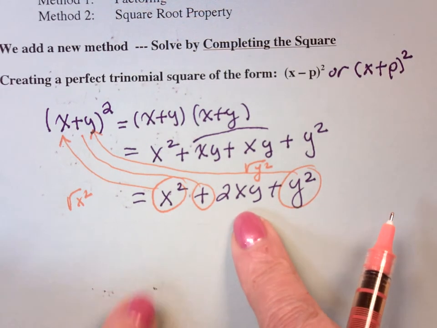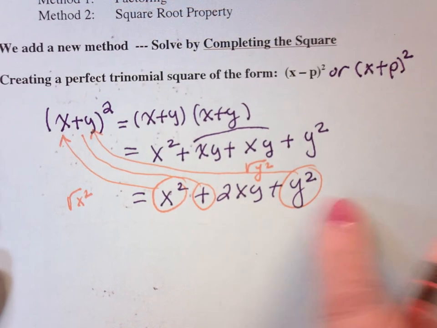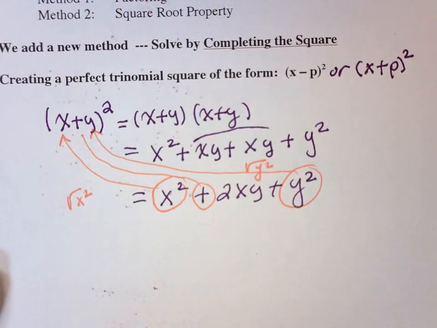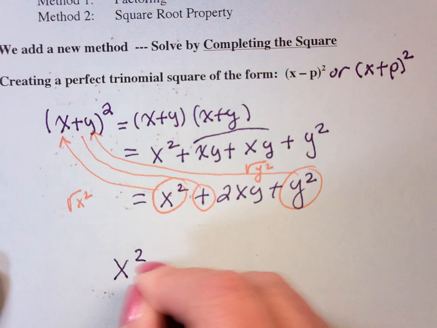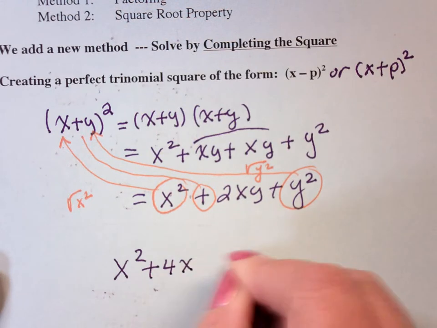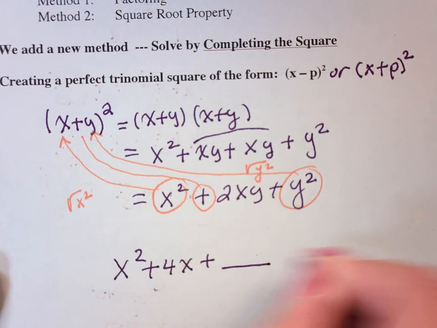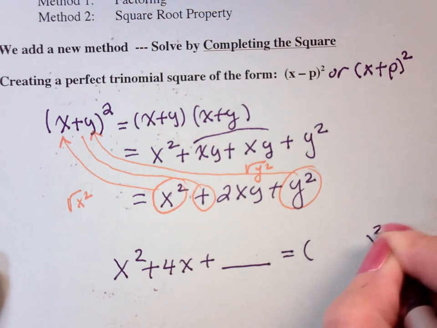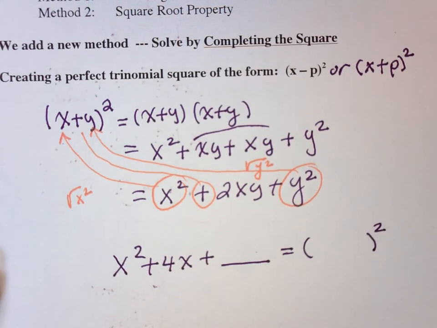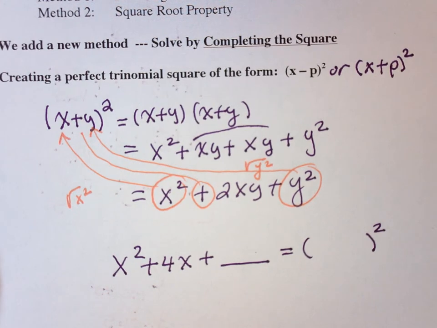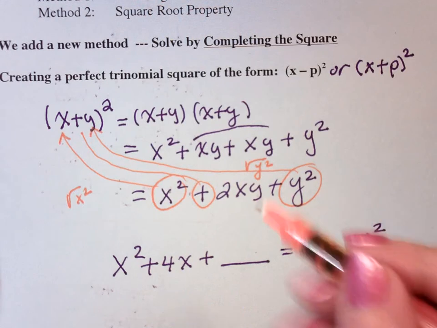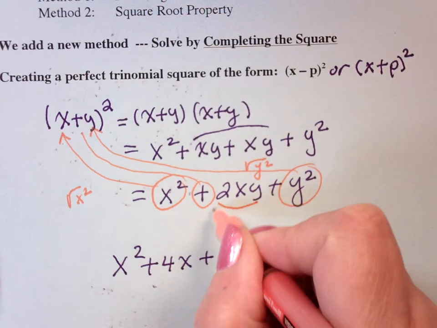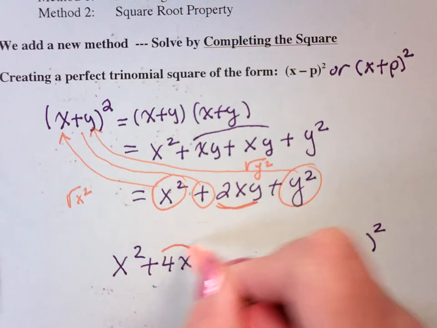The question ends up being, how in the heck do I find what I need if I have x squared plus 4x? I want to add something so that it's going to become a perfect trinomial square. That's the goal. The middle term holds the key.